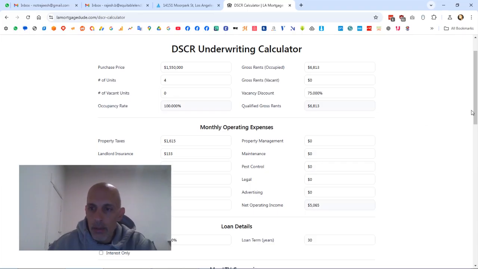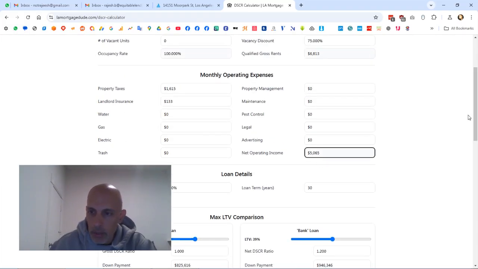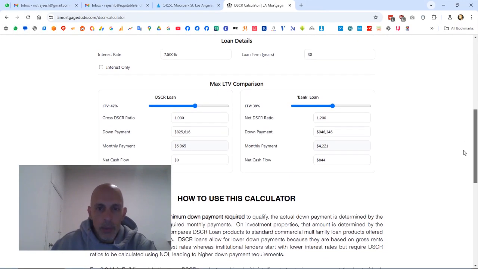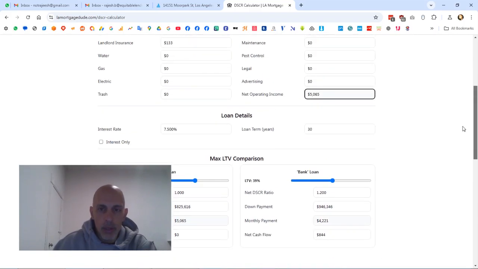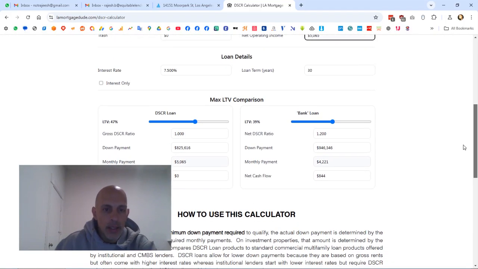Alright. So now our net operating income is 5065, and we can do a better comparison as to what it would take to buy this property.